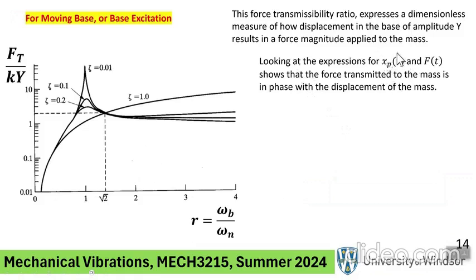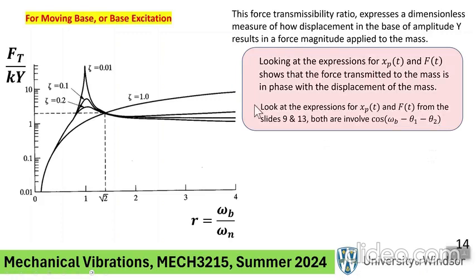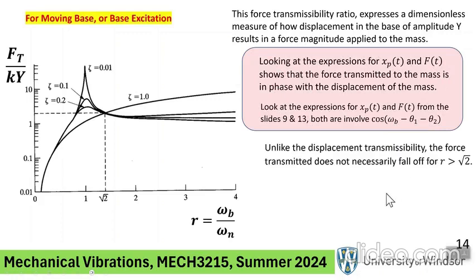Xp, for displacement of the mass, and the force transmitted are in phase. Okay? Because they both involve that term. And it tells you where to find it if you want. Already showed you Ft, but Xp was in slide 9. Good. Now, these go together. These two go together because the first sentence happens because they both have cosine omega b minus theta 1 minus theta 2.